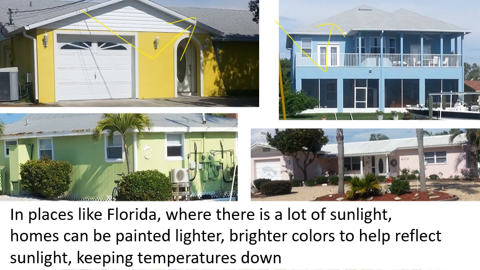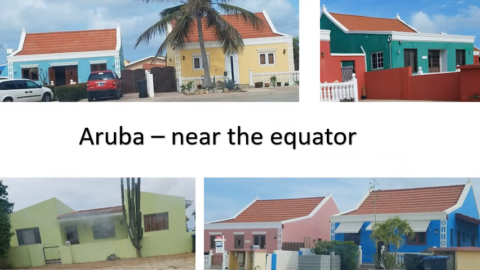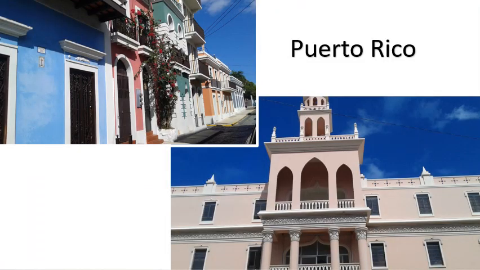So places where it's warm, they've been doing this for years and years and years to help reflect sunlight and keep the temperatures lower. Here's Aruba, which is near the equator. Almost all the houses, especially because a lot of them didn't have air conditioning traditionally, they'd be painted very, very light colors to help keep the temperatures of the cities down. Puerto Rico, see, once again, kind of light, brighter pastel colors.